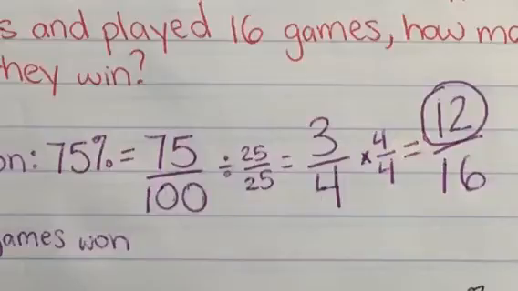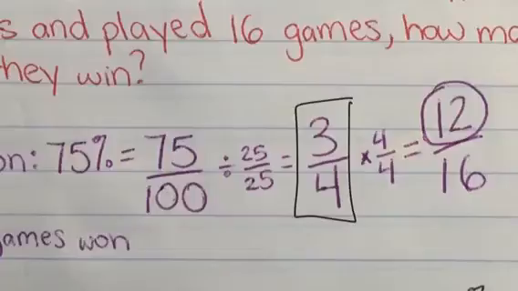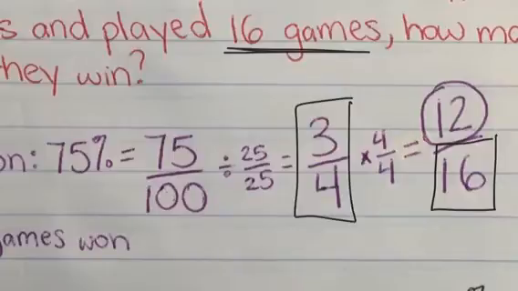Now, once we've gotten to 3/4, we want to get to our whole number of games, which is 16 games. So we want to get from 4 to 16. We do know how to do that. All we have to do is multiply by 4. If we multiply by 4 on the bottom, we've got to multiply by 4 on top.